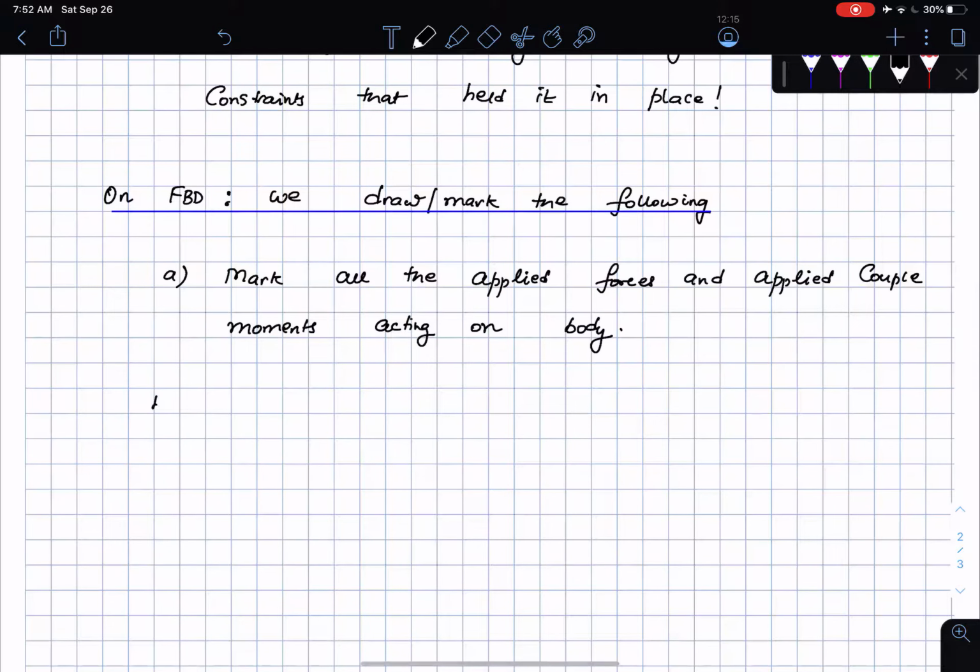Then comes the important thing. You mark all the support reactions on the body. Which obviously leads to the next automatic question, what on earth is a support reaction?